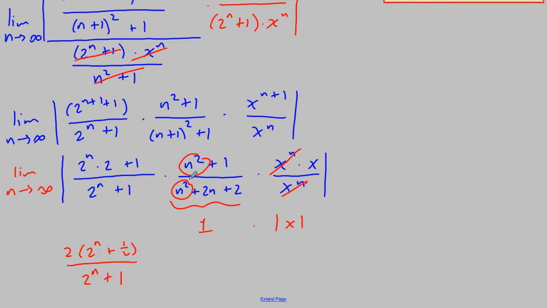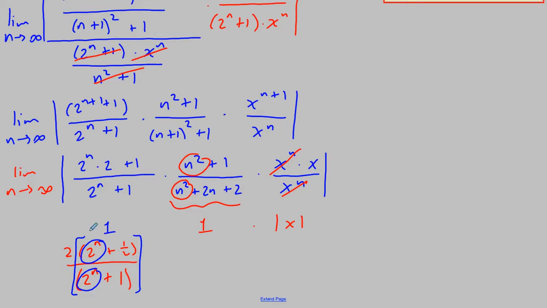And in the same way that highest degree over highest degree is all that matters, in this case, I've got an exponential plus a half, same exact exponential, 2 to the n, plus 1. Certainly when n is very small, the half and the 1 mean something, but when n is 10 or 100 or 1,000, this becomes so unbelievably huge. These don't matter. This is very similar to the highest degree over highest degree. So this piece of it is 1.